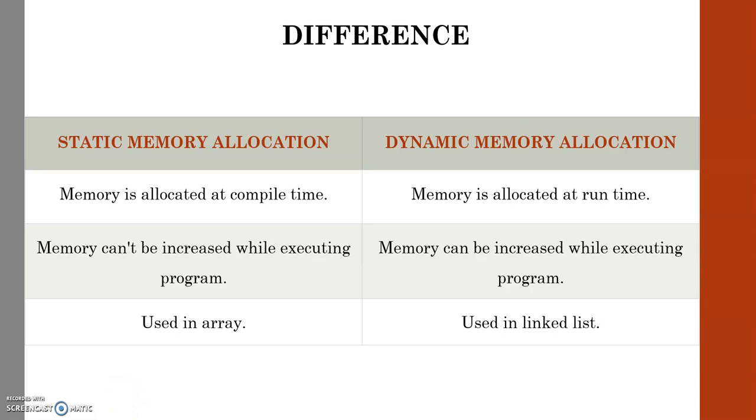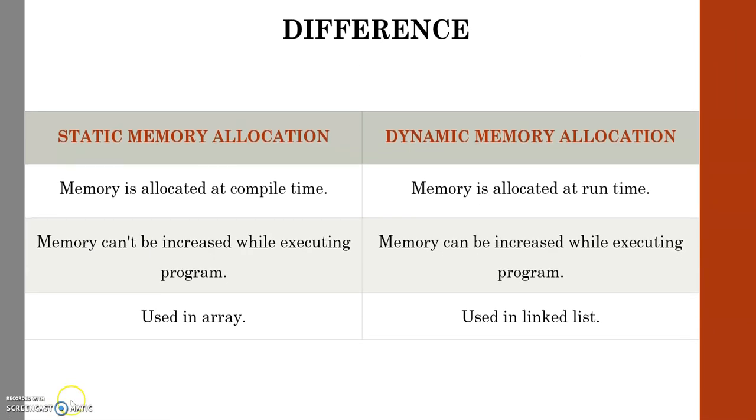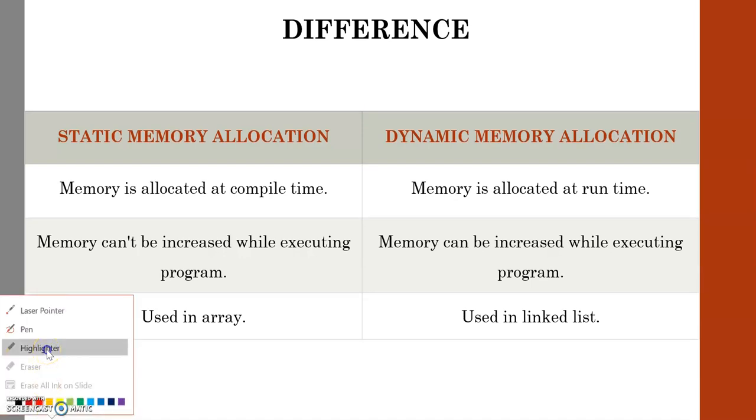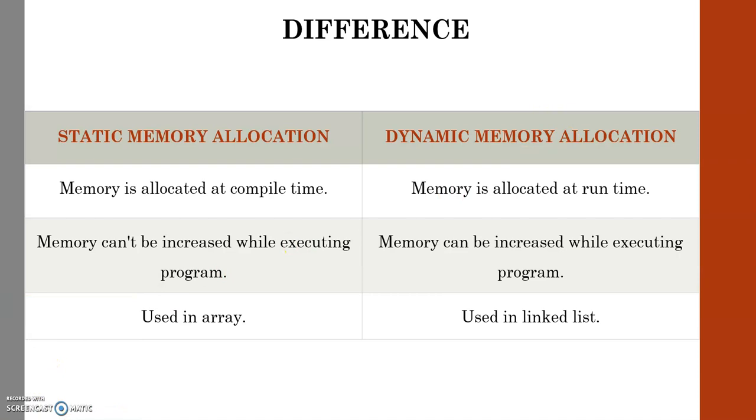So the very first point is, this is the static memory allocation, and this is the dynamic memory allocation. The very first point says, in the static, memory is allocated at compile time.